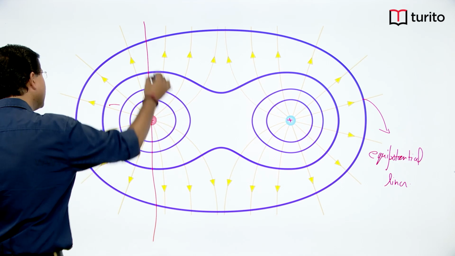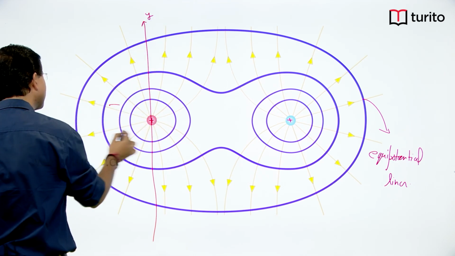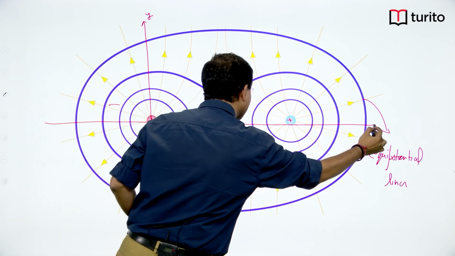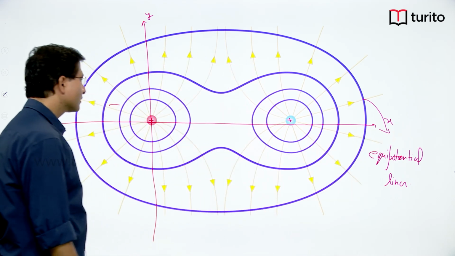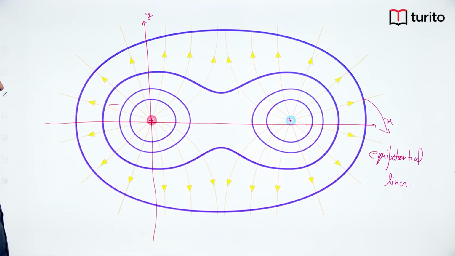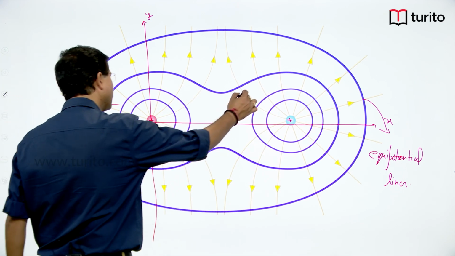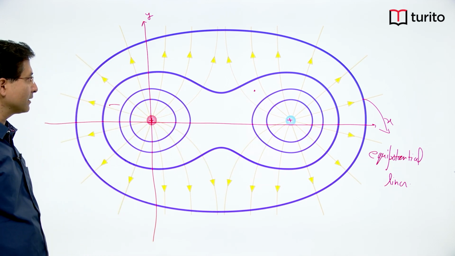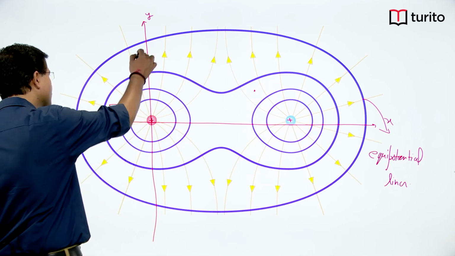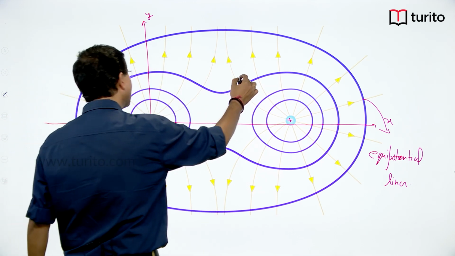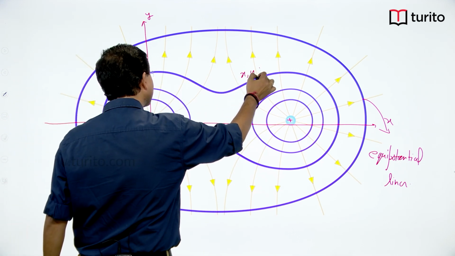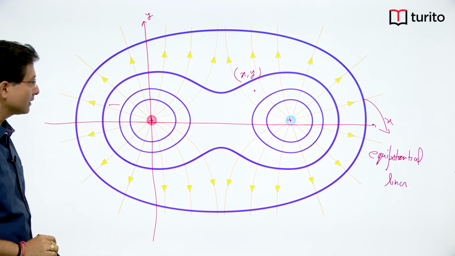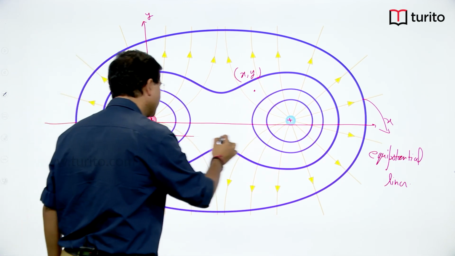Say this is the y axis and this one is the x axis, right, and for a given value of potential I want to draw an equipotential line on the xy plane. So, if this is the x axis, this is the y axis, the coordinate of this point will be x comma y, right, and let the separation between the charges be a.